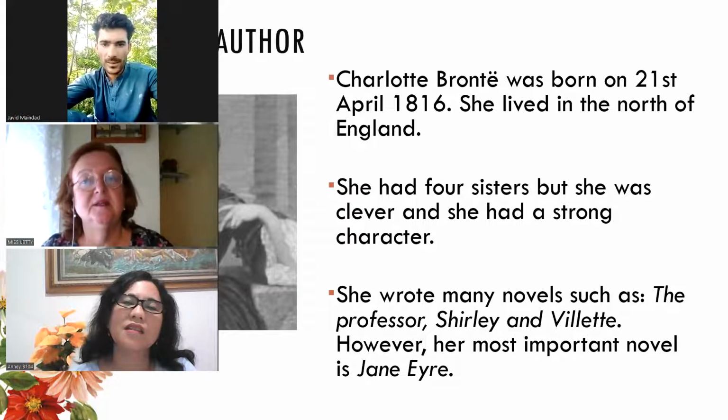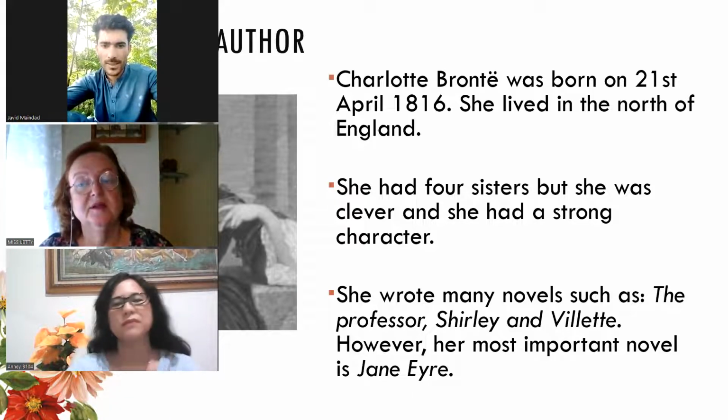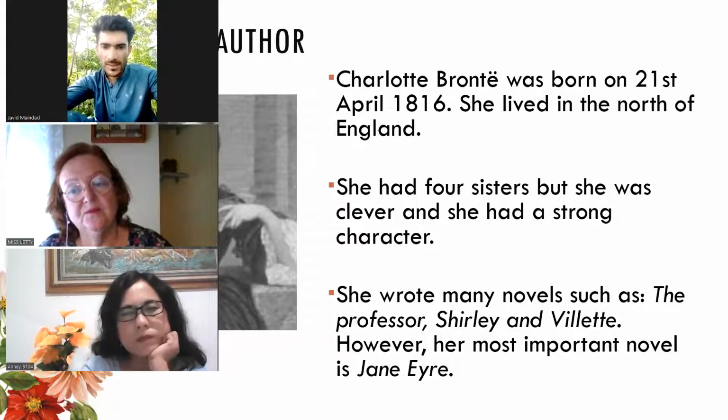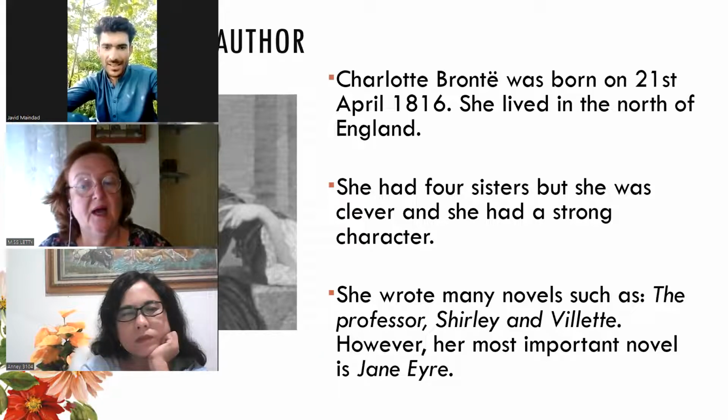She lived in the north of England. She had four sisters, but she was clever and she had a strong character. She wrote many novels, such as The Professor, Shirley and Villette. However, her most important novel is Jane Eyre.